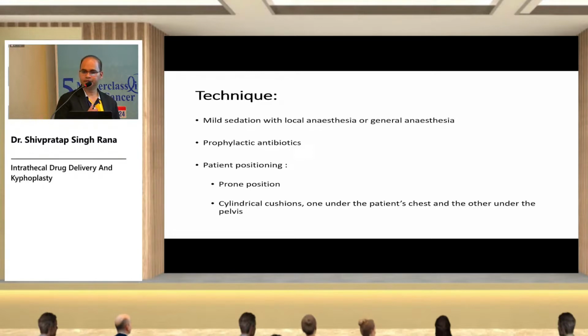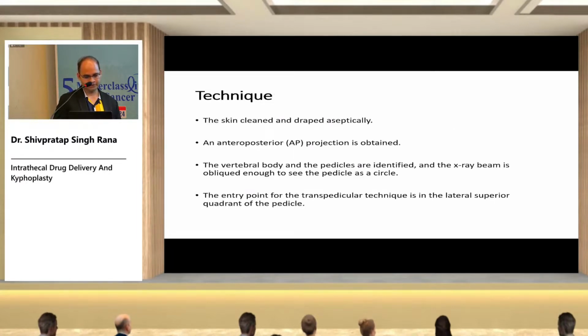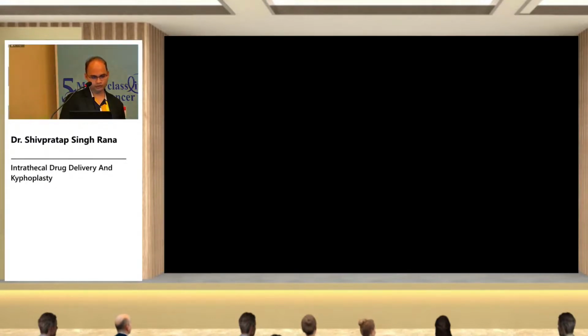For prophylactic antibiotic, usually 2 grams of ceftriaxone as a single shot. I don't extend the course of antibiotics for 5 or 6 days, only a single shot in my practice. Then I would like to show you one of the videos.